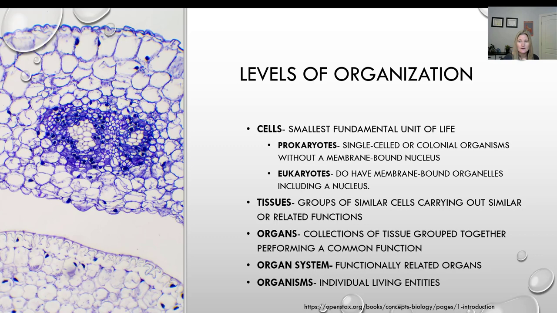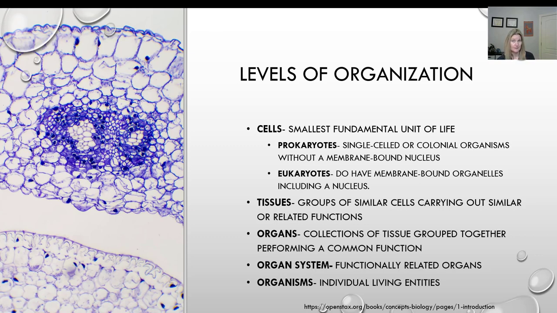We can also go even bigger, to organs. Organs are collections of tissues grouped together to perform some common function. A heart is an organ, and it has all 4 types of tissue. It has epithelial tissue surrounding the heart and its chambers.